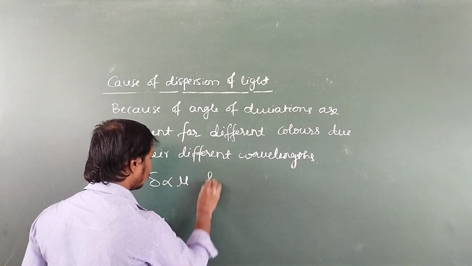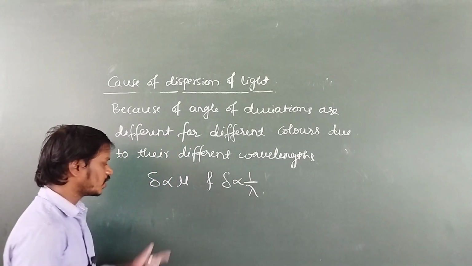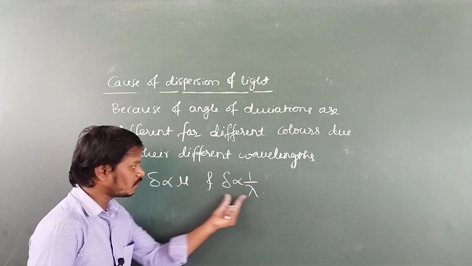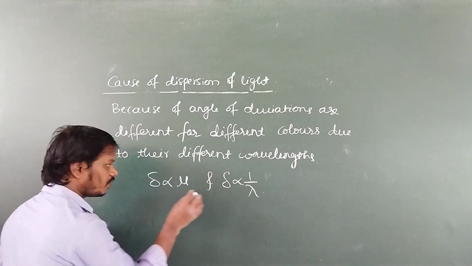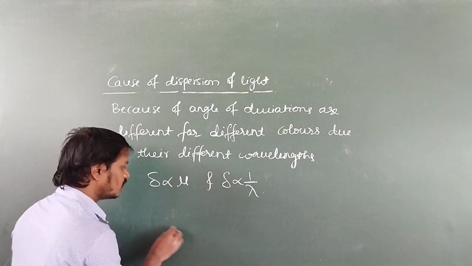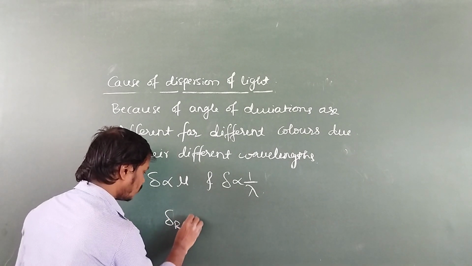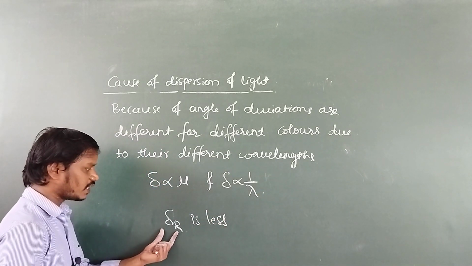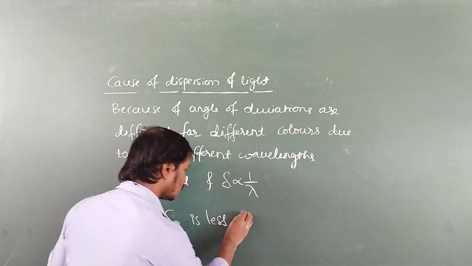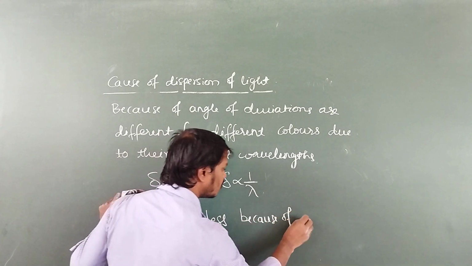For the red color the wavelength is maximum, so the angle of deviation is minimum. So delta R is less, meaning the angle of deviation is less for red color because of its longest wavelength.